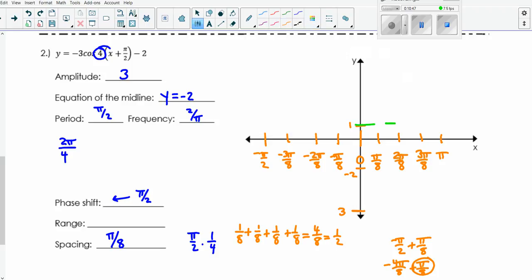Alright, so here's my maximum. Here's my midline. Here's my minimum. Okay with spacing. Alright, graph my points. This is a cosine function, but it has been reflected. So when I start here, instead of being at my maximum, I'm actually all the way down at my minimum.